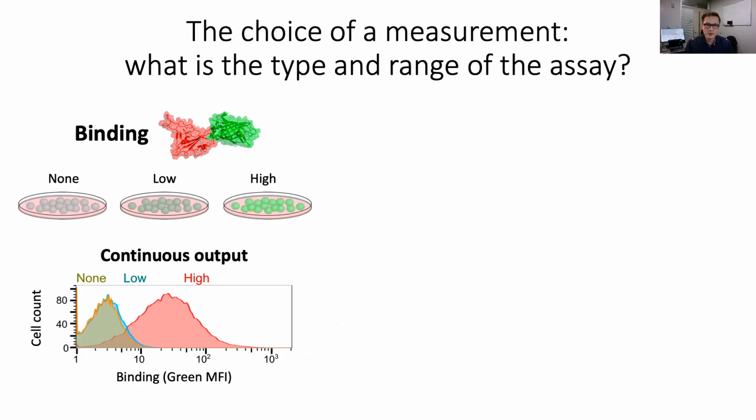So aside from biological differences, binding and infection readouts are also good examples of two contrasting types of measurements. Binding is more of a continuous output, and here the amount of binding directly correlates with the mean fluorescent intensity. In this case, the low binding sample exhibited roughly 10 times less fluorescence than the high binding sample, and this brought that signal down to essentially background levels. If you want to turn binding into a deep mutational scan, you then have to turn it into a countable statistic.